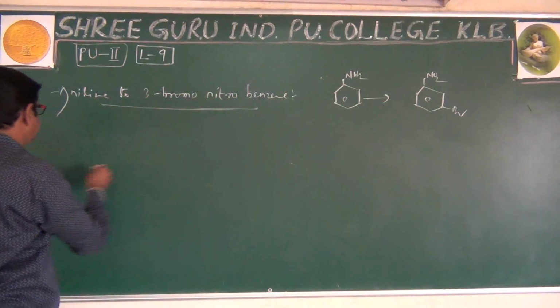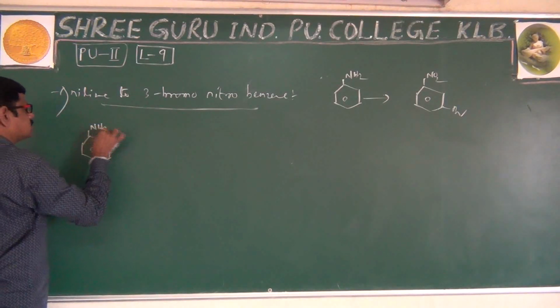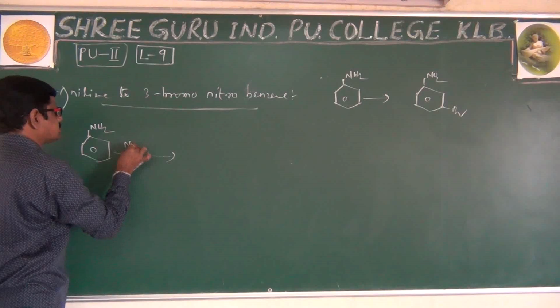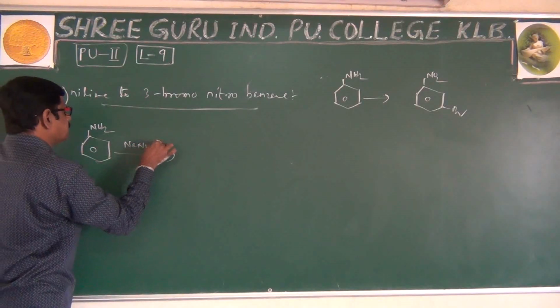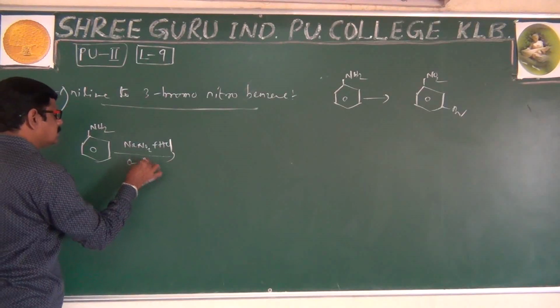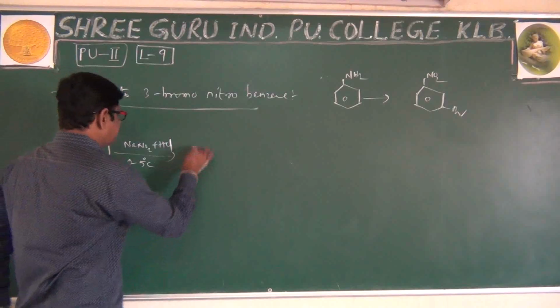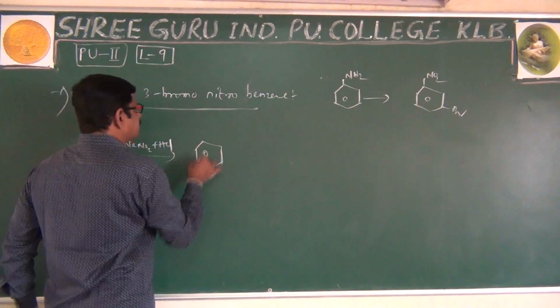Very simple. We'll take the reactant first of all. Aniline is undergoing the diazotization process, NaNO2, HCl, nothing but HNO2, 0 to 5, nothing but 273 to 278 Kelvin temperature. Then we will get benzene diazonium chloride.